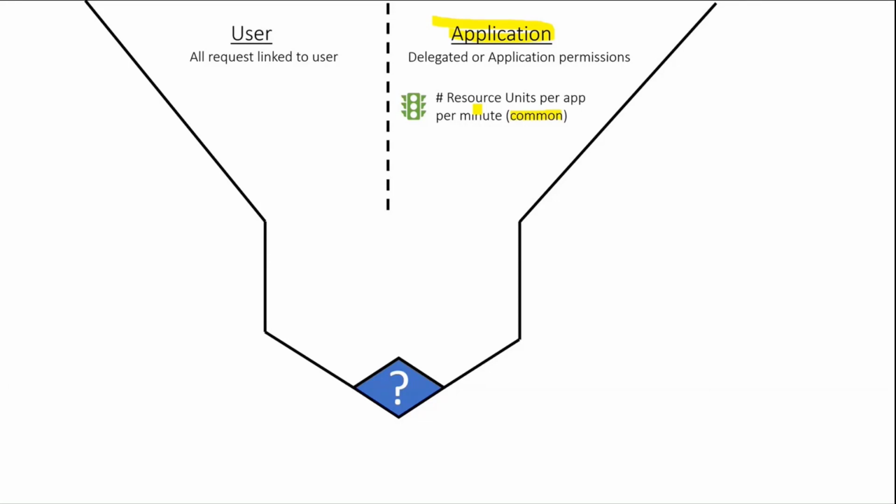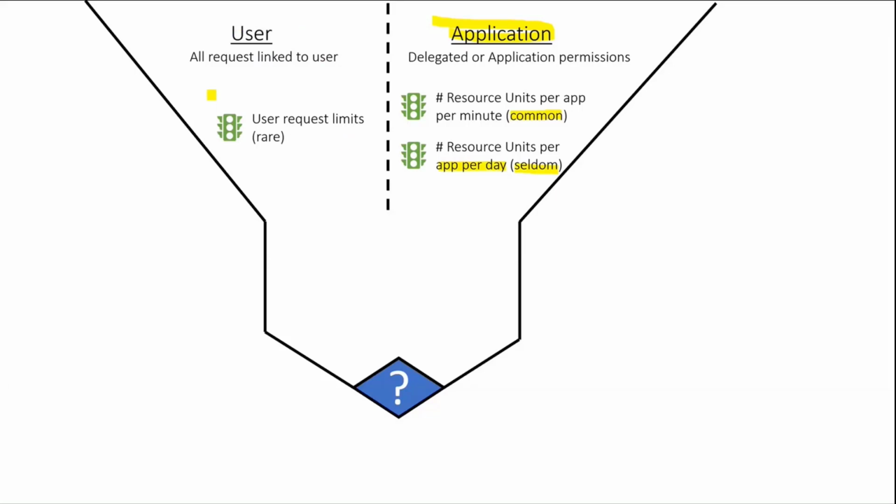We'll explain later what those resource units mean. Going further, we have a similar measure, but for a full day. If your app is doing too much across a full day, it can be throttled as well. Quite seldom, but it can happen. So these are the more common ways of getting throttled.